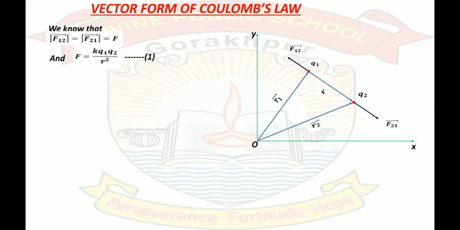We all know that force is a vector quantity, and in this equation F is equal to k q1 q2 by r square, in the left hand side we have force which is a vector quantity, but in the right hand side we do not have a vector quantity. We have k which is a constant, we have the magnitude of the charges which is again scalar, then r square, which is also a scalar quantity.